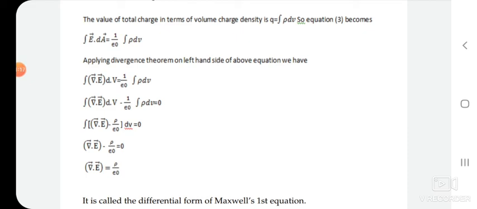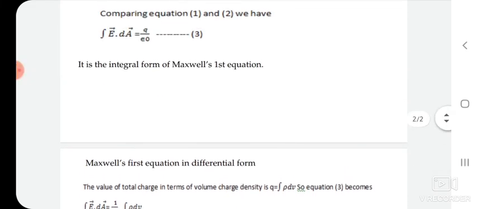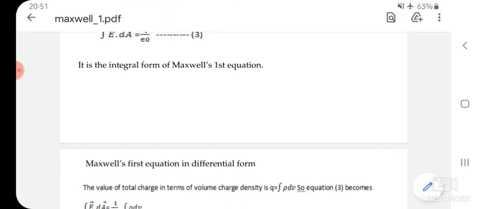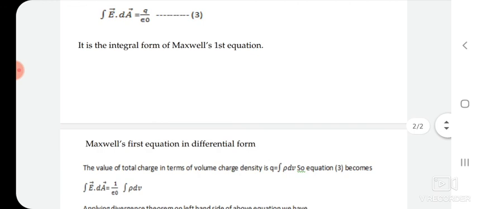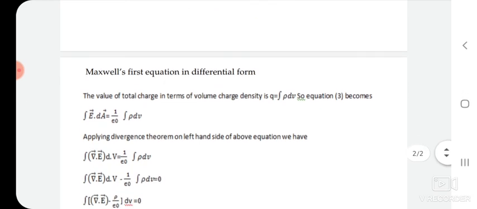By using equation 3, the integral of E dot dA is equal to Q by epsilon naught, we substitute the value of Q in terms of volume charge density, the integral of rho dV. The left hand term has a surface integral and the right hand term has a volume integral, so we cannot subtract these two.